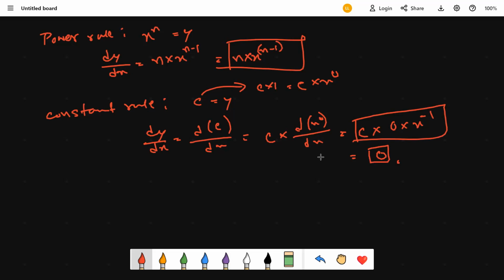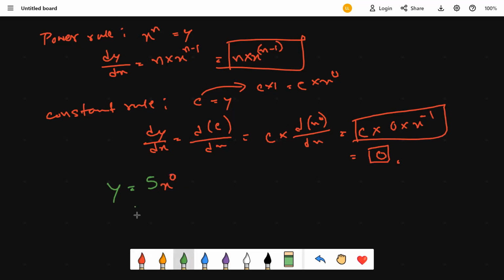We also learned this in our last lecture. Now, if c was given as, let's say, y equals 5, the constant rule is implemented because we have an imaginary x to the power 0.